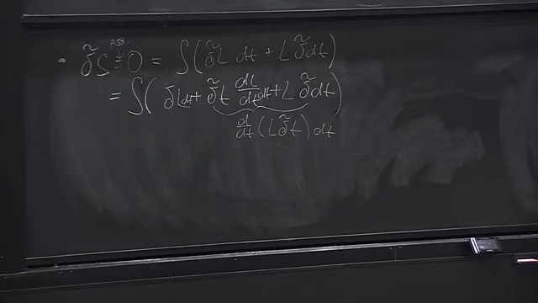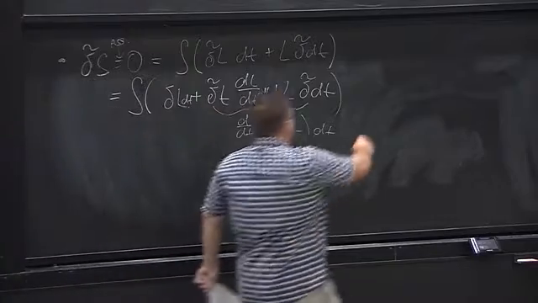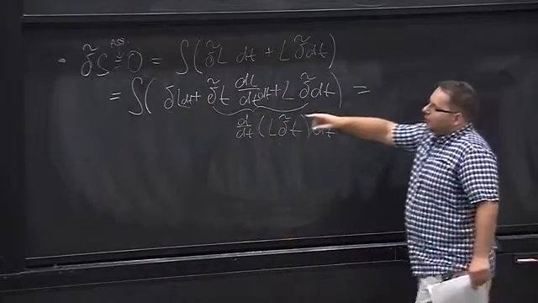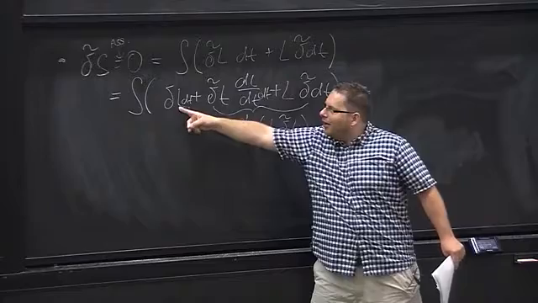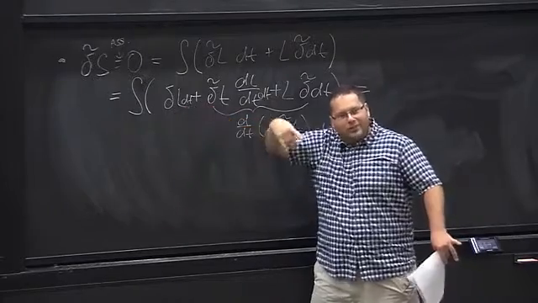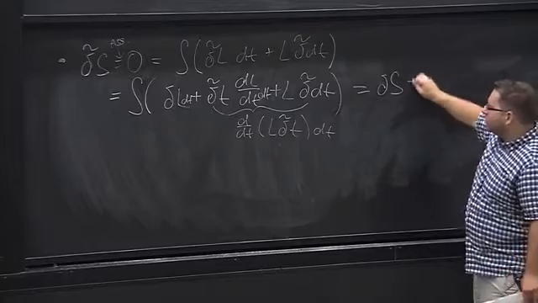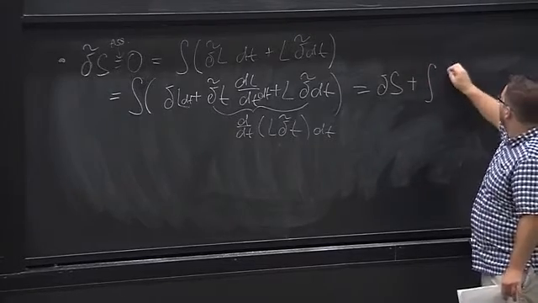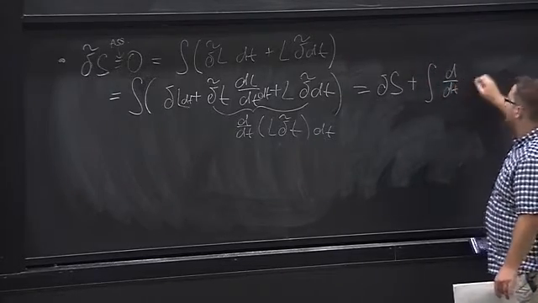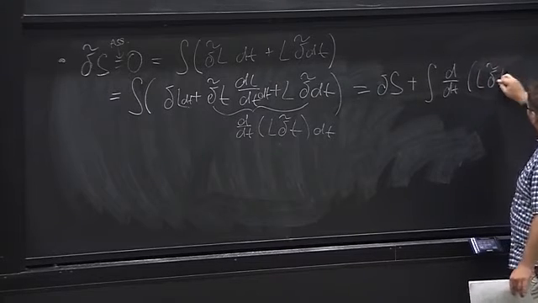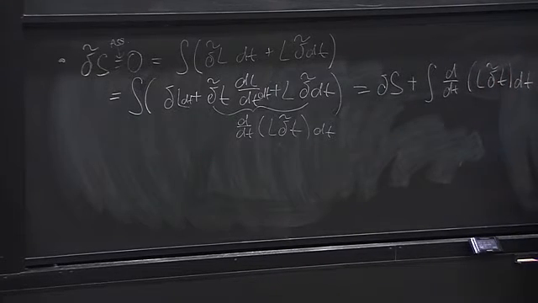So we have that. Now, by the way, look at this. I have just the normal delta tilde L dt, which is what I called delta of S, delta of S plus whatever I have here, which is the integral of d over dt of L delta tilde t dt. So you see that the second term is just a boundary term.